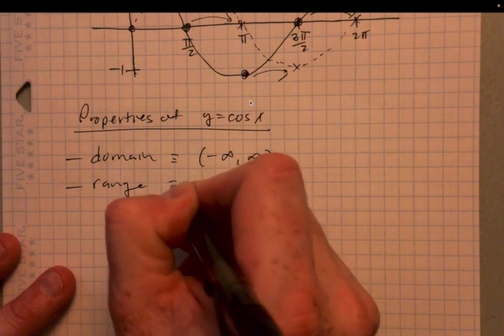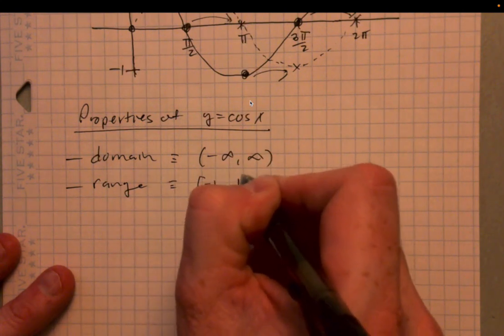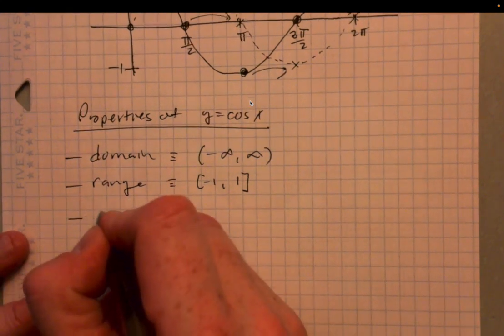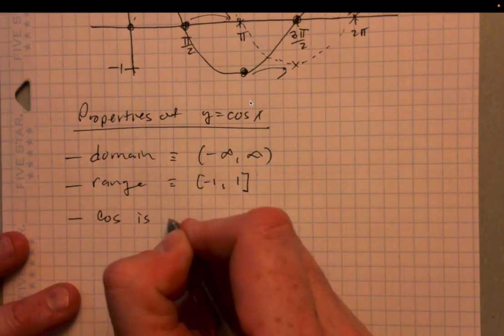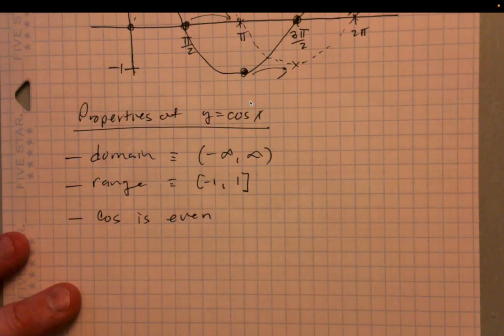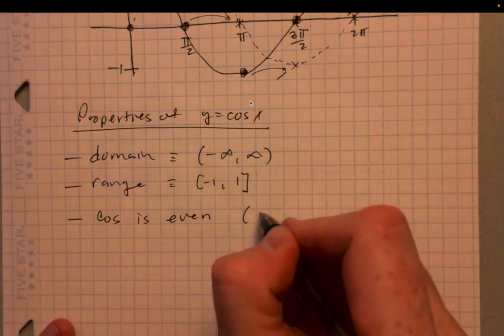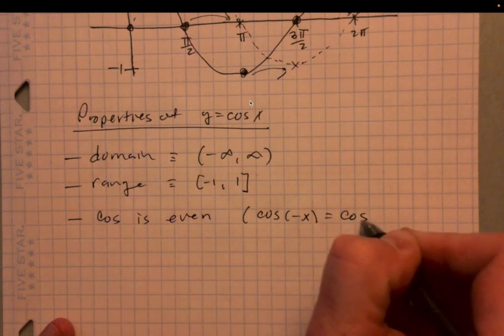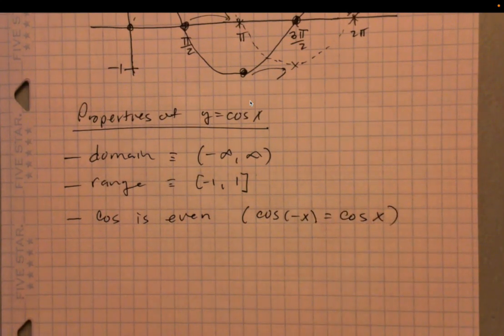We just saw that the range is -1 up to 1, just like the sine function. They're the same. Domain and range are the same here. Now, cosine is an even function, and that means that the cosine of -x is equal to the cosine of just x.